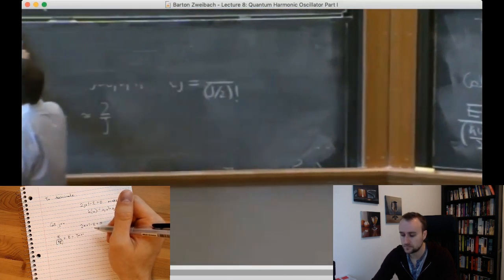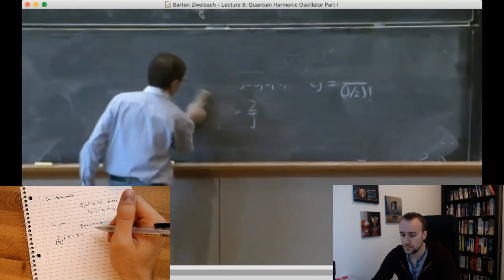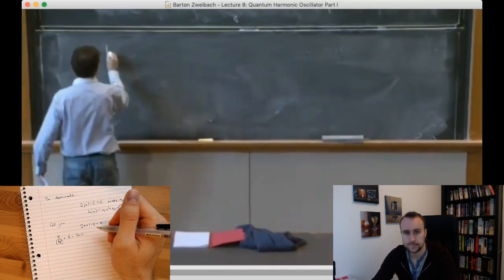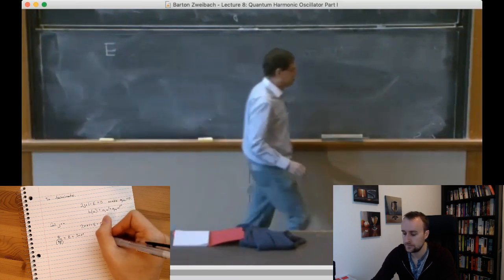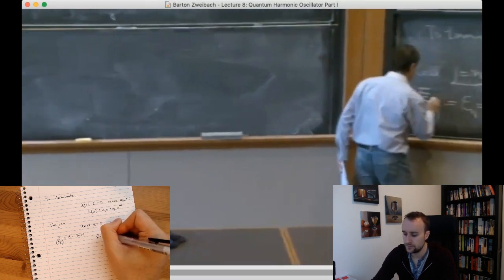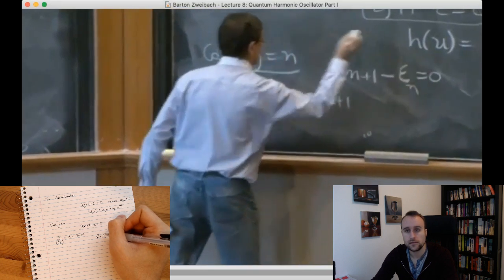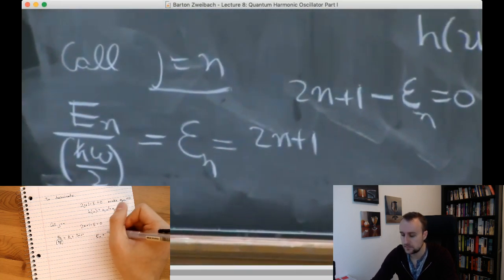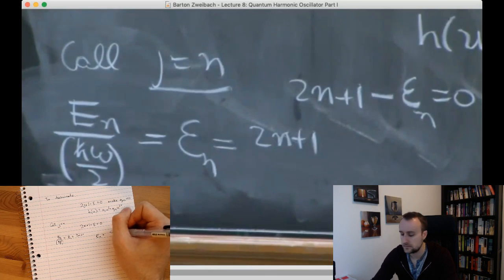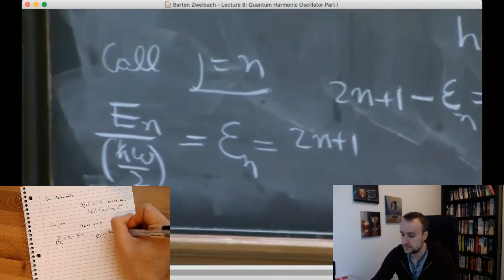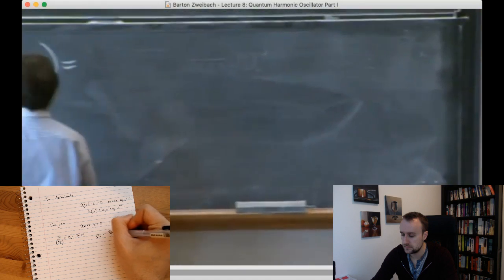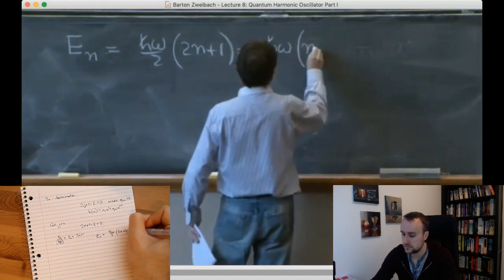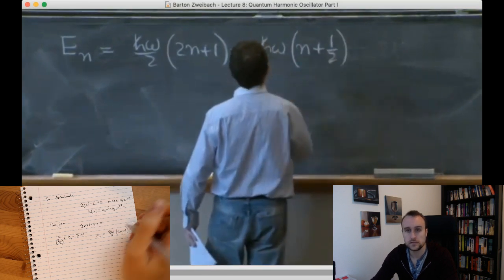So what have you found, therefore? That the energy that we'll call En, the energy of the nth solution, is going to be h bar omega over 2, times 2n plus 1. So it's actually h bar omega, and people write n plus 1/2. Very famous result.